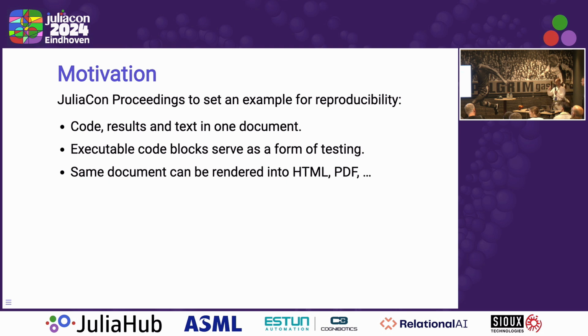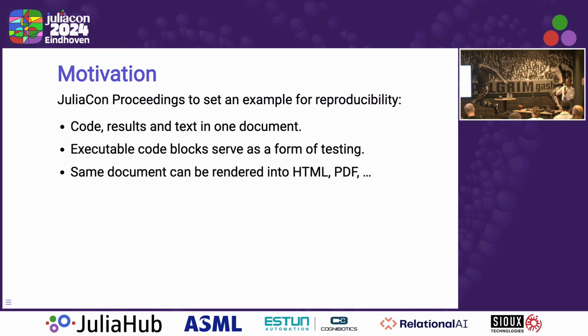So there's an extra layer of unit testing, if you want, where your document that will ultimately render the publication will also execute code examples that you're showing as part of your JuliaCon proceedings publication. So if anything is wrong there, you will see that in the final render and the code will throw an error.